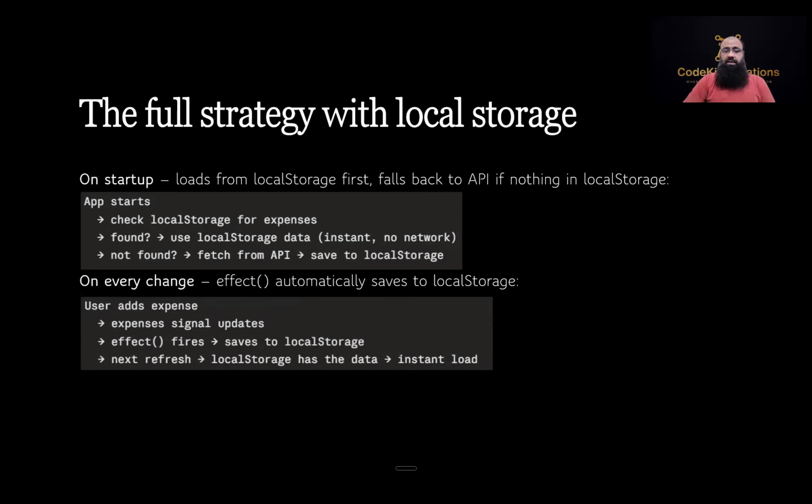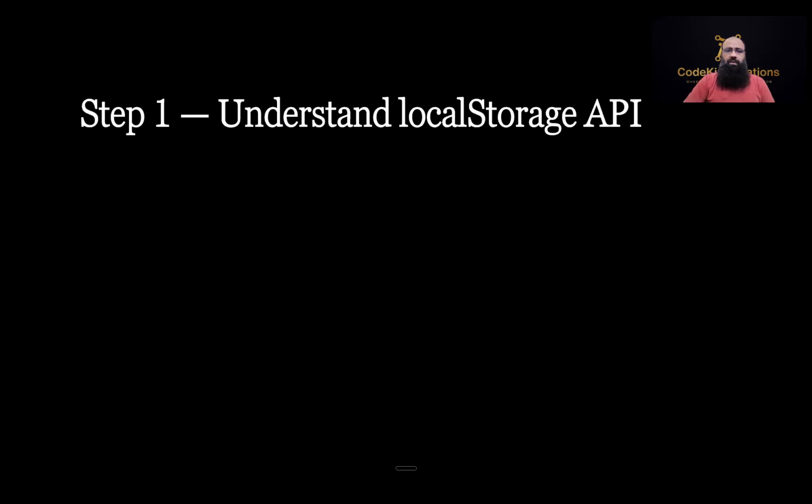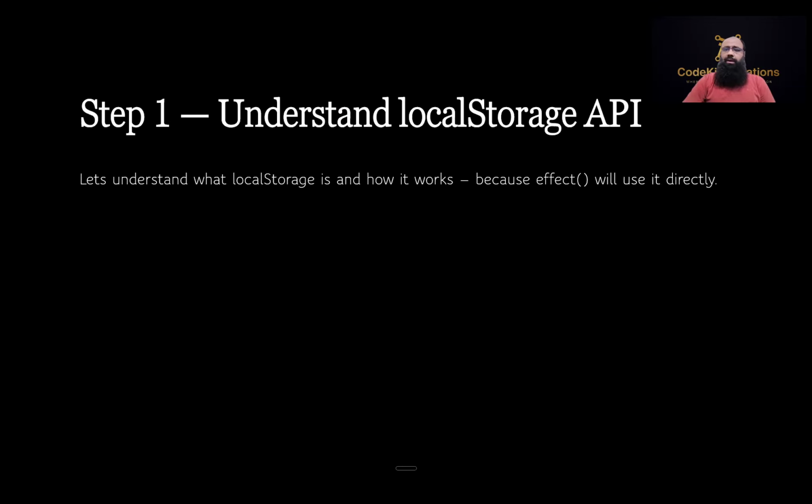So with every change, this is happening. We're using local storage for GitHub Pages, and HTTP when we have a real backend, which I've already mentioned to you. So let's quickly try to see how this local storage API works.